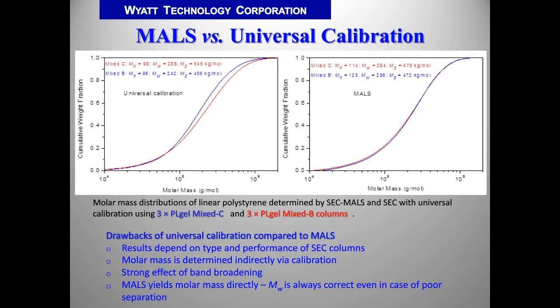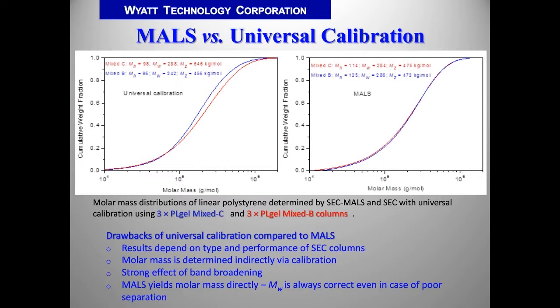And the difference of molar mass averages, especially weight average and Z average, is quite significant. If we analyze the same sample using the MALS detection, then the results are completely independent of the columns that were used for SEC separation.